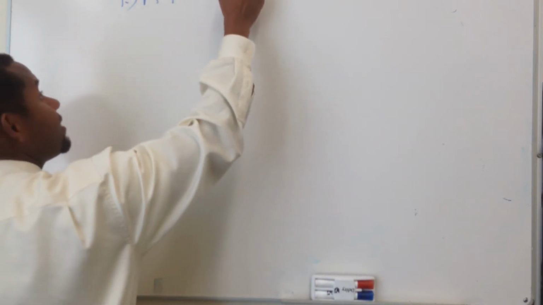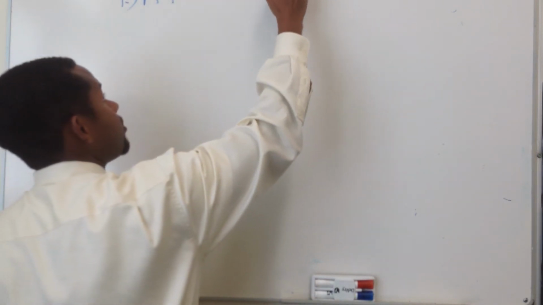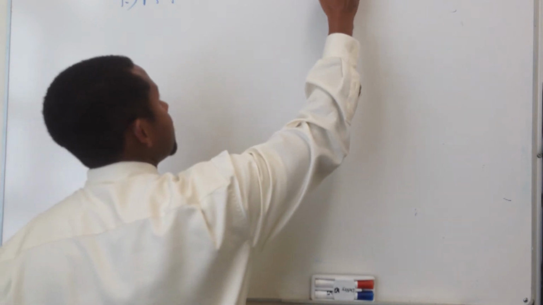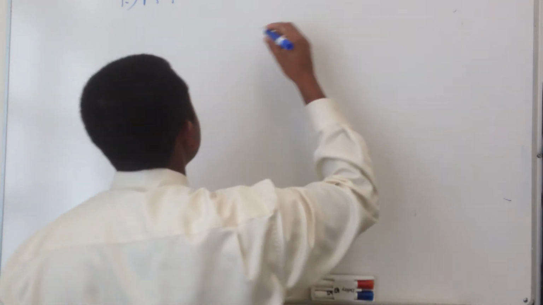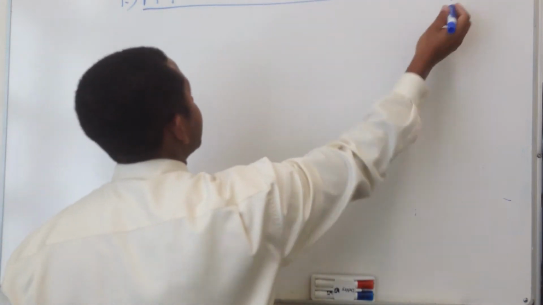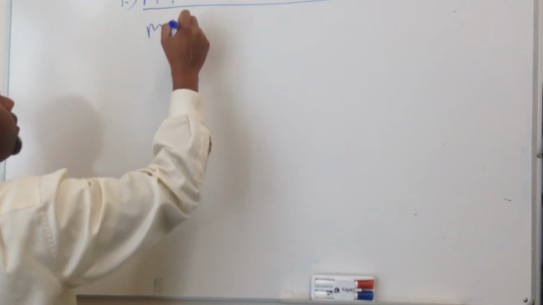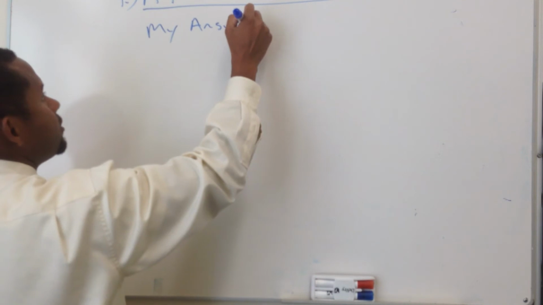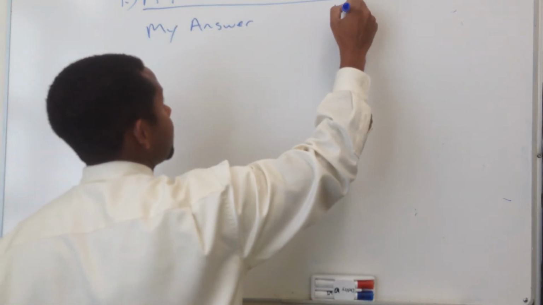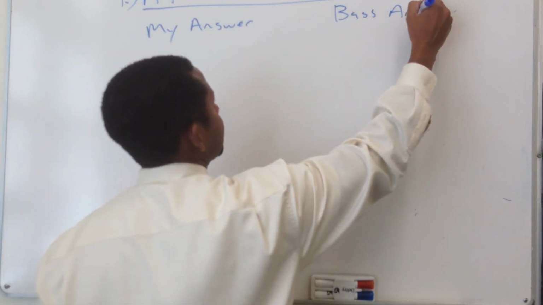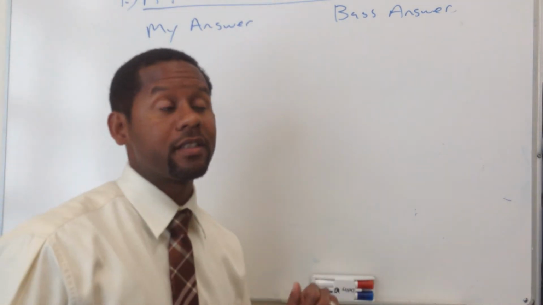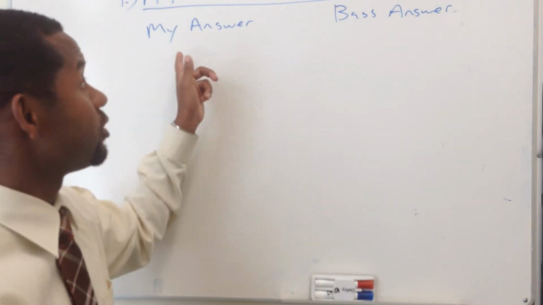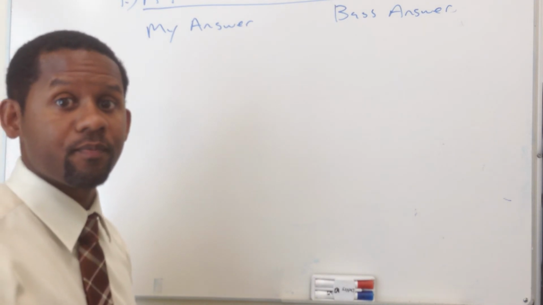You need to write this sentence down. Your answer is what you're going to write, and Bass's answer is what I'm going to write. They should be different. Right now, write down what your answer is.